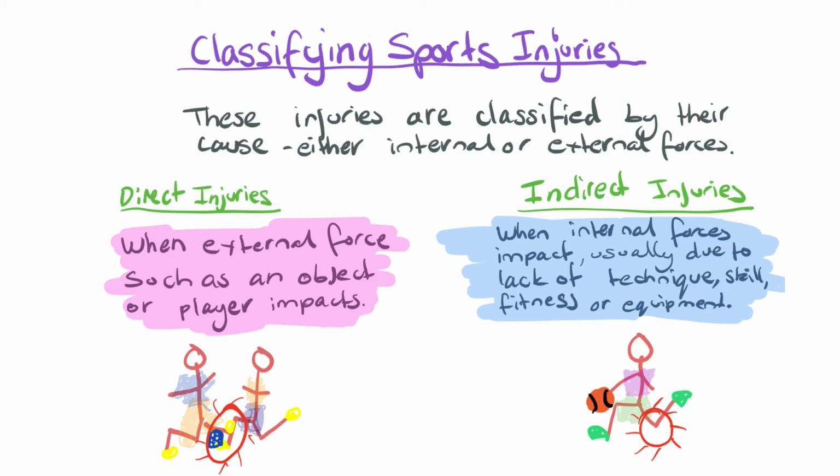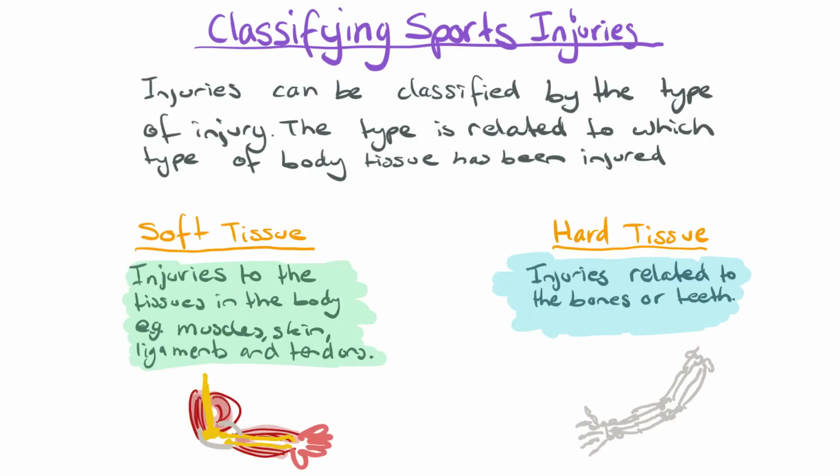It's when something happens to our body that hasn't happened as a result of an external force. So for example, when we tear a ligament changing direction in basketball or something like that, that's an internal force of the ligaments and tendons working there, and so it's an indirect injury.